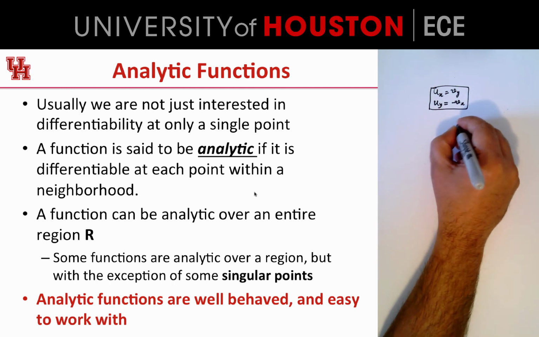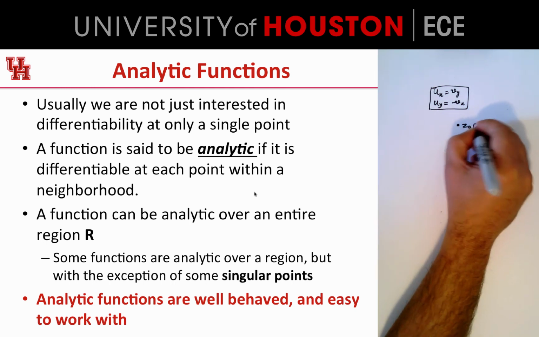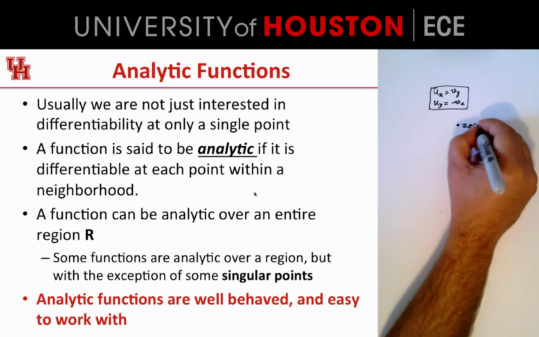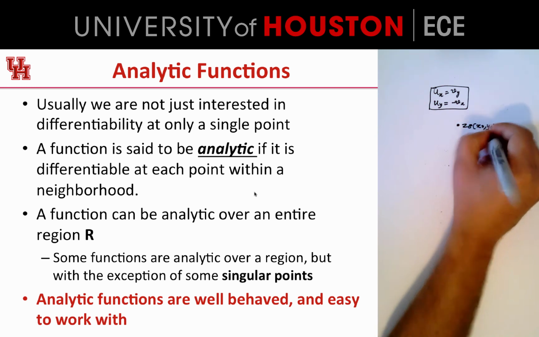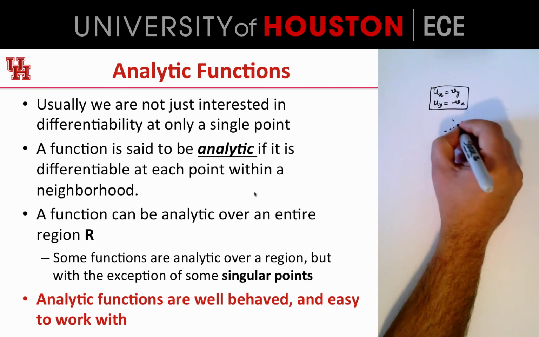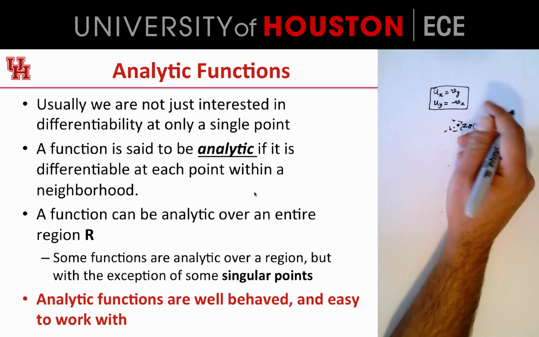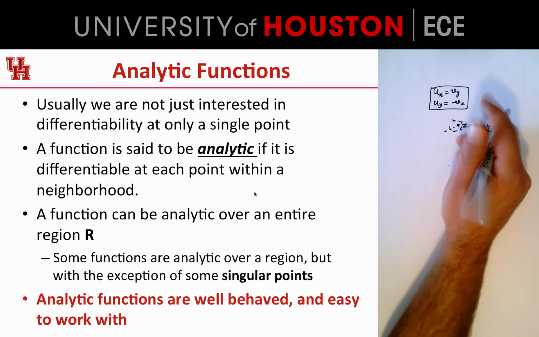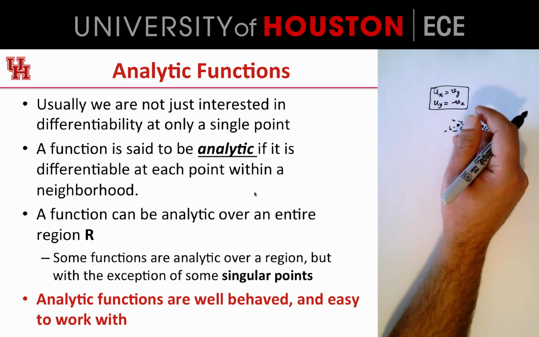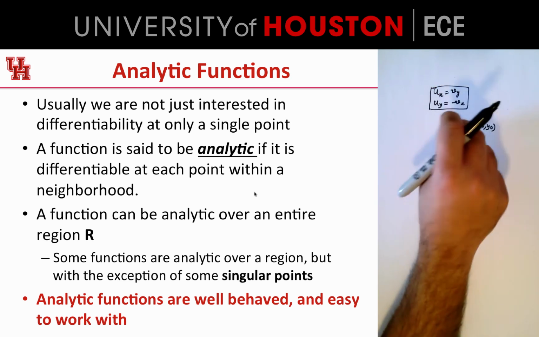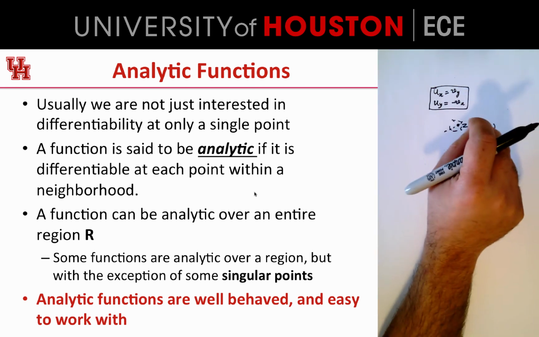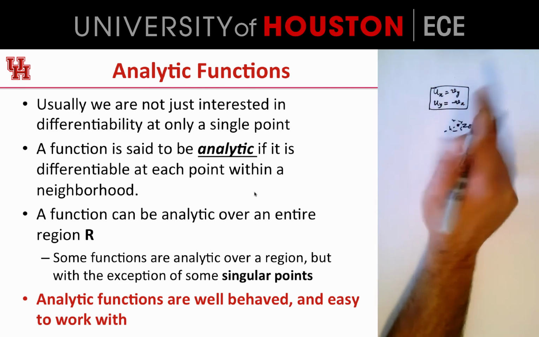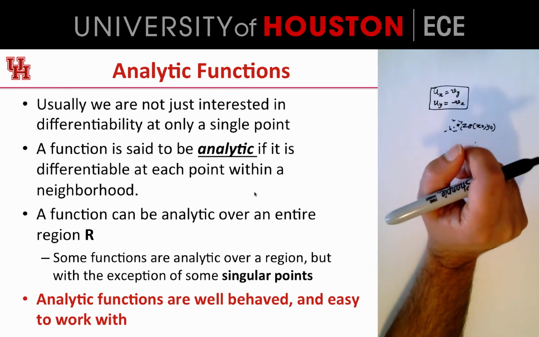So if I take a certain point z naught, which is x naught, y naught, and if differentiability is assured in a neighborhood of that point, then that function is said to be analytic, right? So basically the Cauchy-Riemann conditions are satisfied over that entire neighborhood rather than just a point. That's what it really means, right?